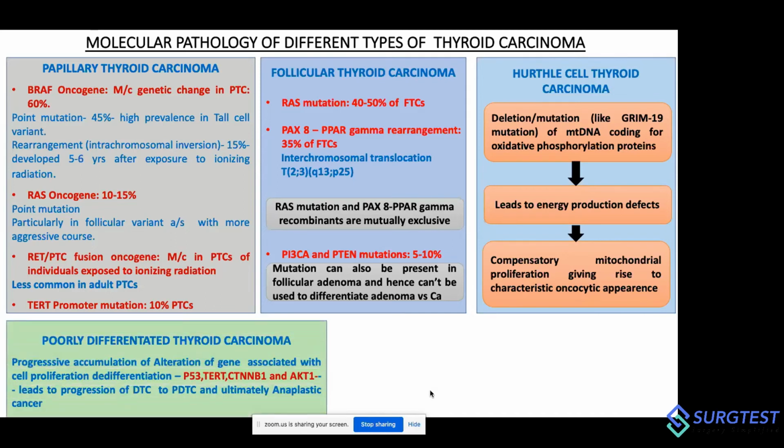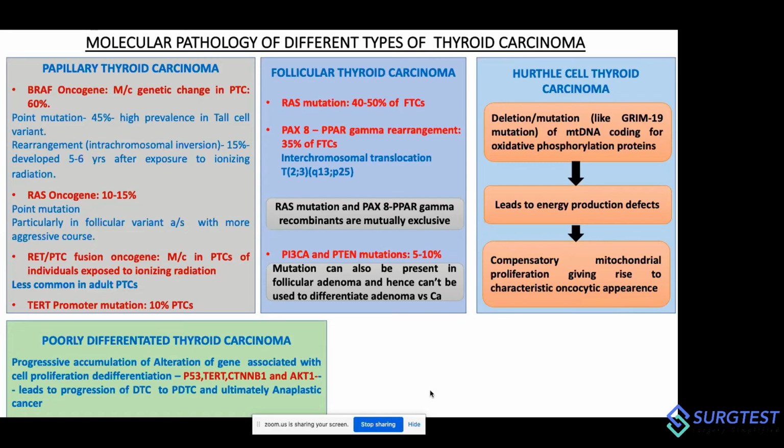Poorly differentiated thyroid cancer: as we know, because of the transformation from differentiated thyroid cancer towards poorly differentiated thyroid cancer, there is accumulation of a large amount of mutations. This accumulation ultimately leads to poorly differentiated thyroid carcinoma.